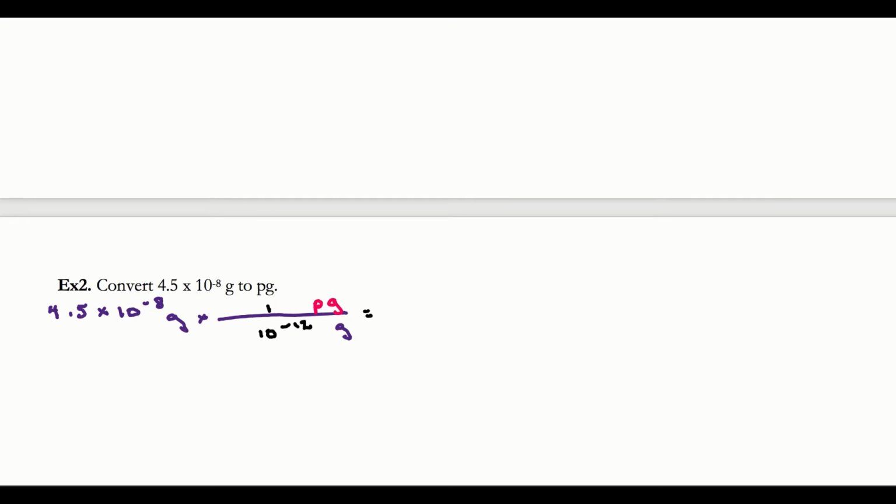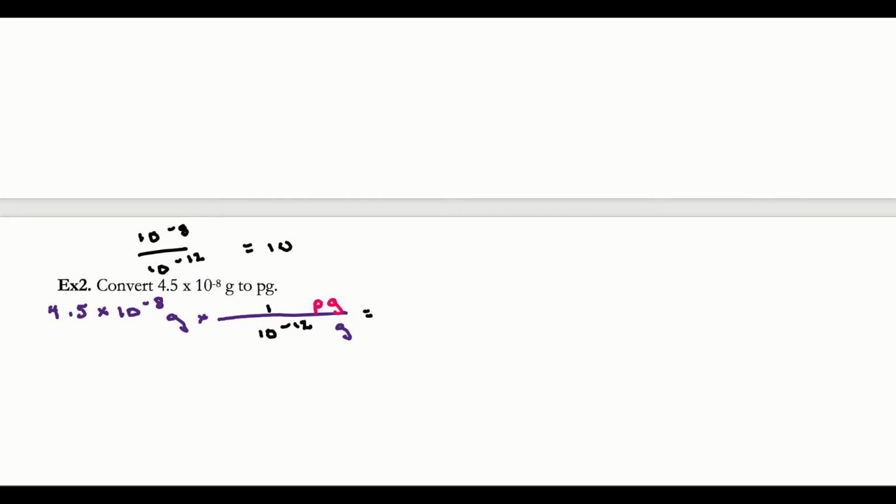Yes, you can absolutely plug this into your calculator. Another way to do it, if I'm just being given powers of 10, is you can take 10 to the negative 8th and divide it by 10 to the negative 12th. And remember, when you're dividing by exponents, what you end up doing with your exponents is you subtract.